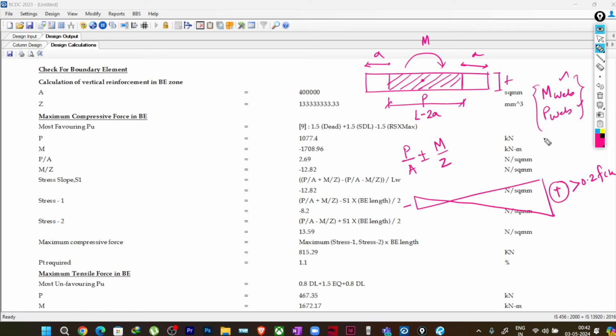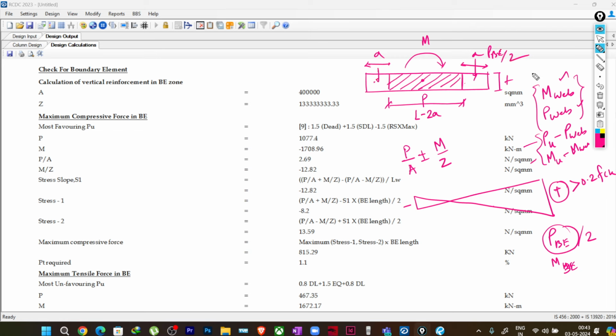Then we have the actual Pu, so we deduct the P web from the Pu and we deduct the M web from the Mu. The resultant force, Pu minus P web, gives us P boundary element, and similarly M boundary element. This P boundary element is taken by the two boundary elements, so we do P by 2, so we get an axial load here of P boundary element by 2, and here also P boundary element by 2.